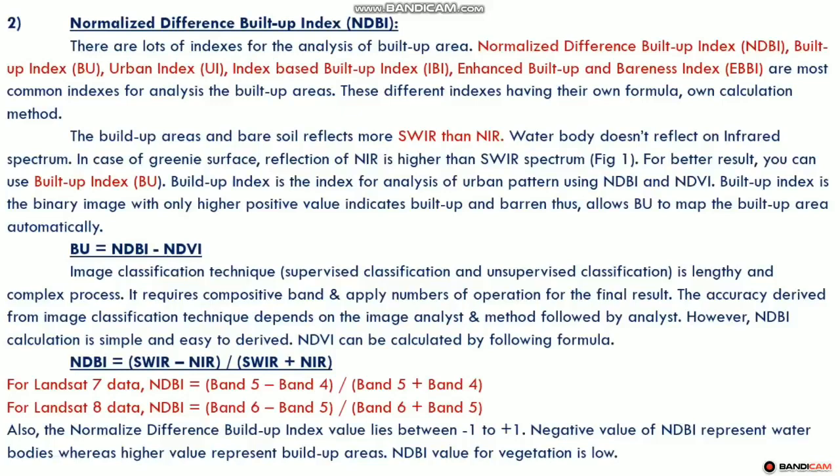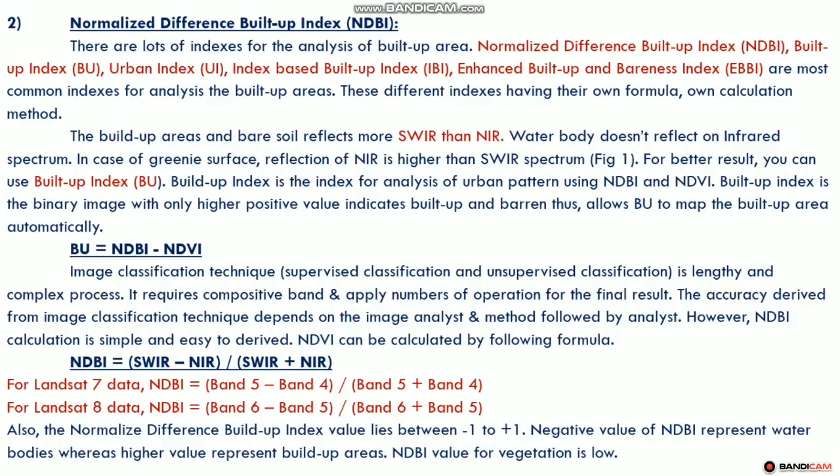Okay, now for a better result, we use a built-up index. The built-up index is the index for analyzing the urban pattern using the built-up index and the vegetation index. Now the built-up index is a binary image with only high positive values indicating built-up and barren land, thus it allows BU to map the built-up areas automatically. Now we can calculate the normalized difference built-up index, but to get a more accurate result, we use what we call the built-up index, that's the BU, where we take the difference.